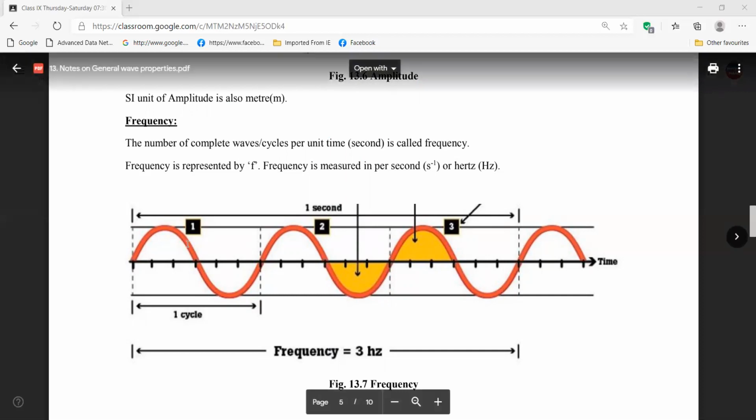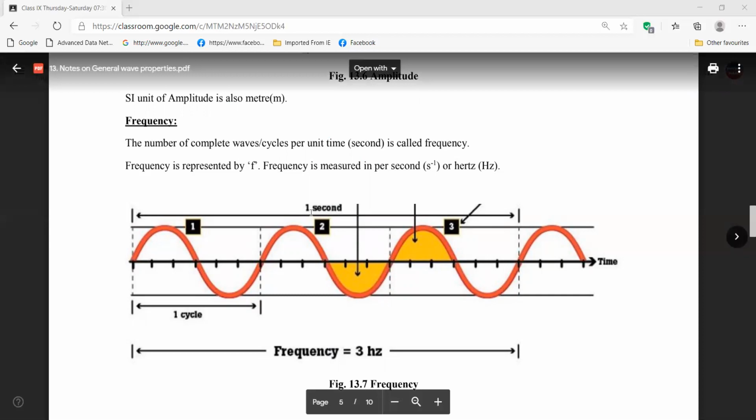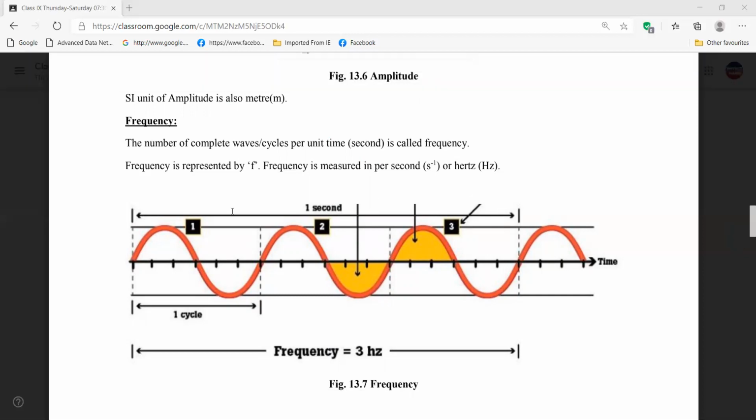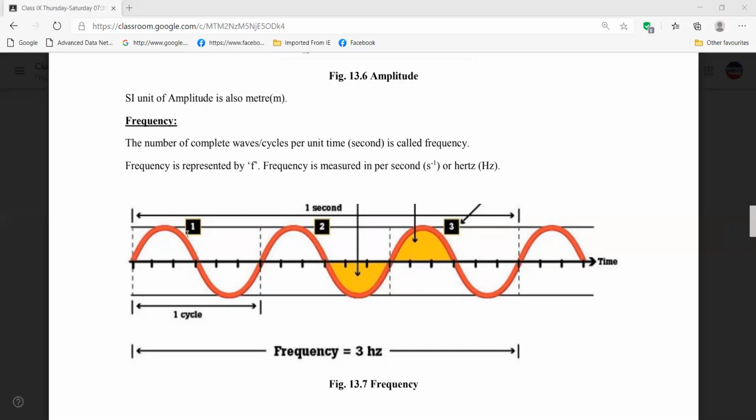We are considering that these three complete waves or three complete cycles require 1 second. How many seconds? 1 second to travel this path.